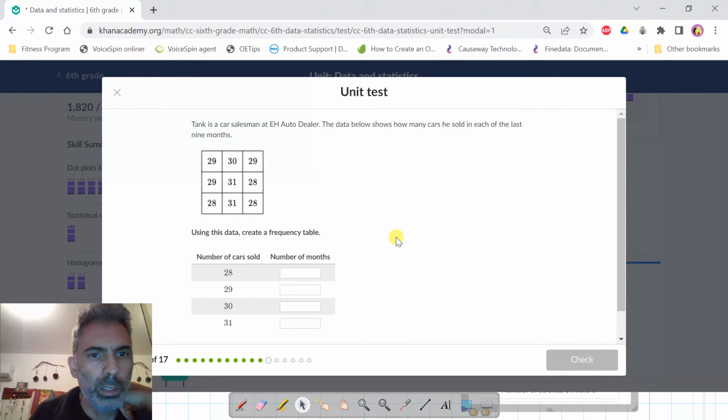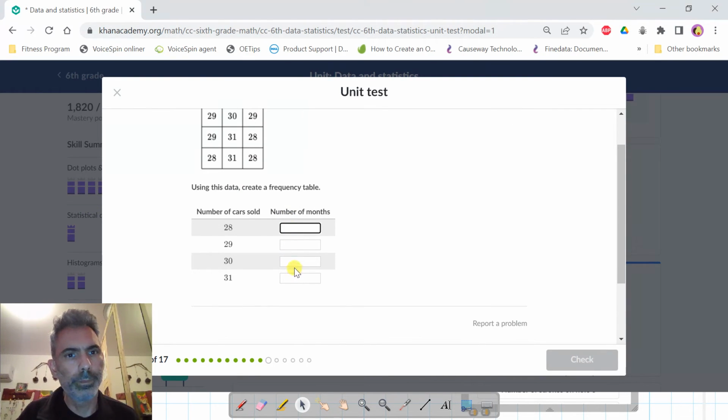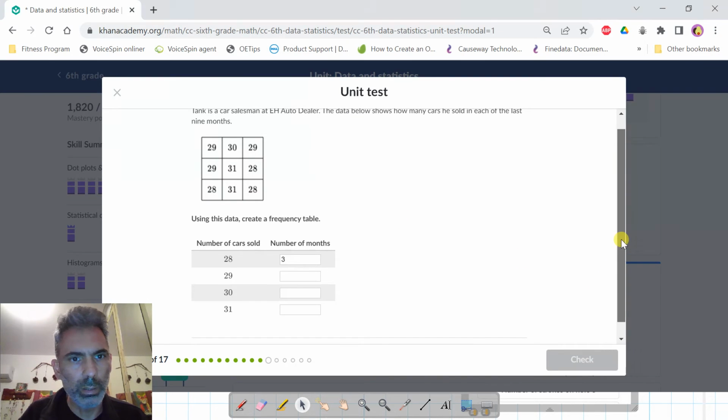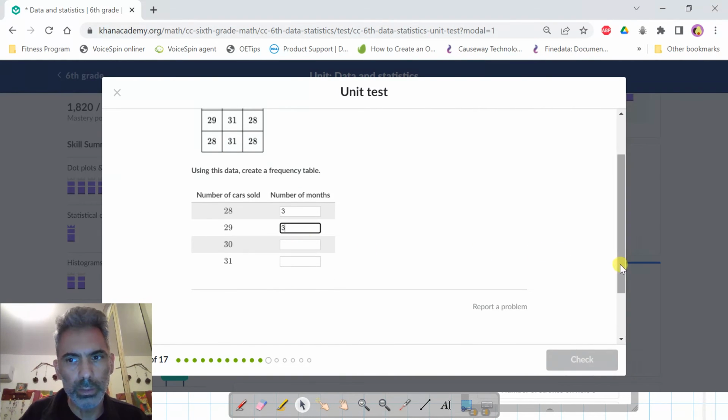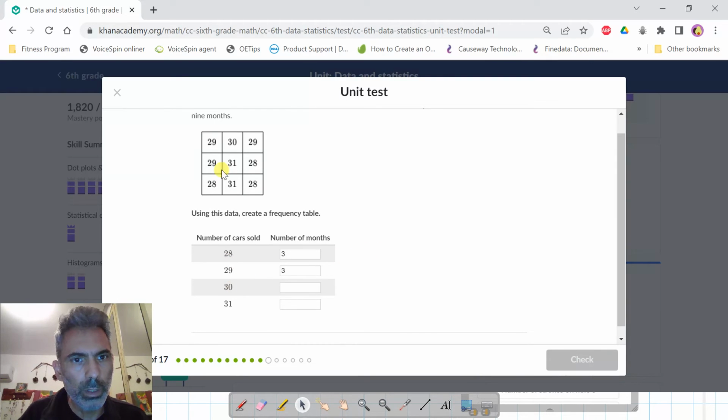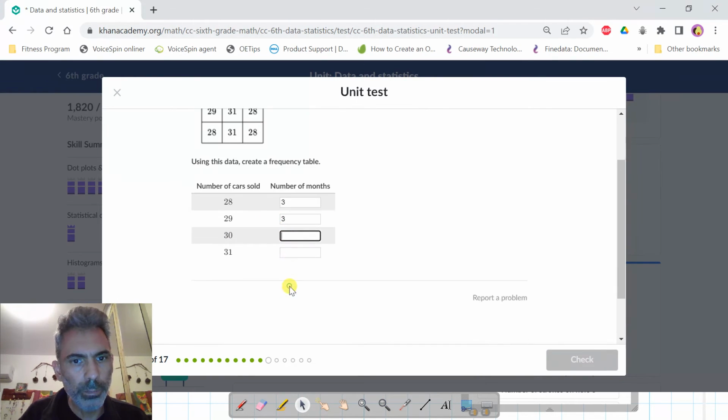So 28, how many 28s do we have? We have 3. So 28 repeats 3 times in this data set. 29, 1, 2, 3. 29 also repeats 3 times. 30 repeats 1 time.